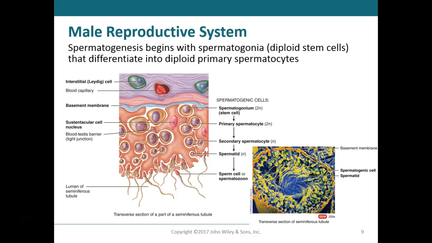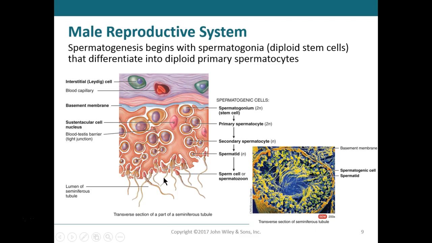They also produce fluid for sperm transport, secrete a hormone called inhibin, and regulate the effects of testosterone and follicle-stimulating hormone. So here you can see the spermatogonia, and when they begin dividing, they're going to create smaller and smaller cells as they go through meiosis 1 and then meiosis 2, and then form spermatids.